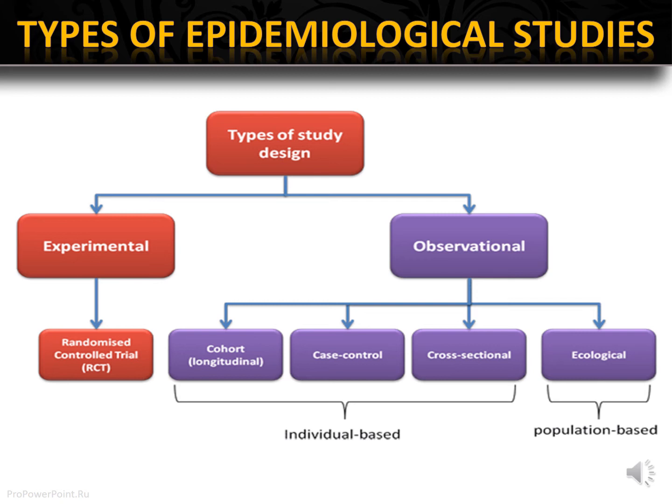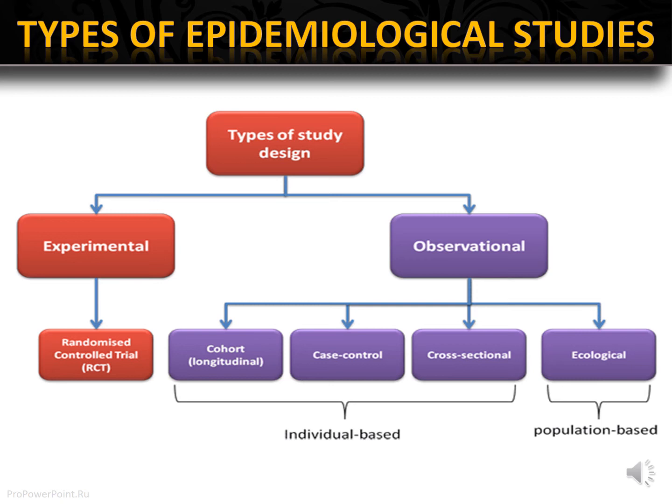We have two types: experimental, like the randomized controlled trial, the gold standard in evidence-based medicine. When we prepare our national guidelines, we use randomized controlled trials for describing different approaches in the diagnostic, treatment, or preventive sphere.